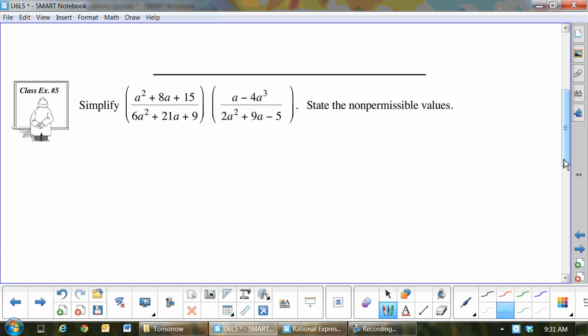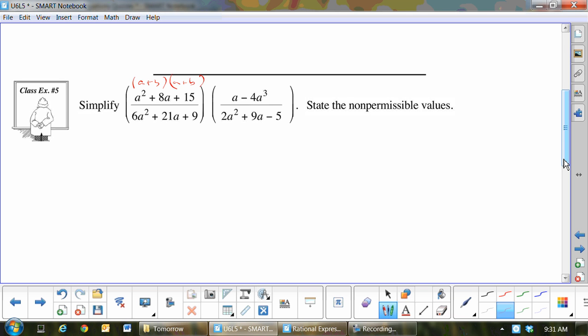Now, let's factor each one before we get going here. So, two things that add to 8 and multiply to 15. 3 and 5. So that's a plus 3, a plus 5. Okay, let's go down. Sort of mean. Actually, it's not mean.